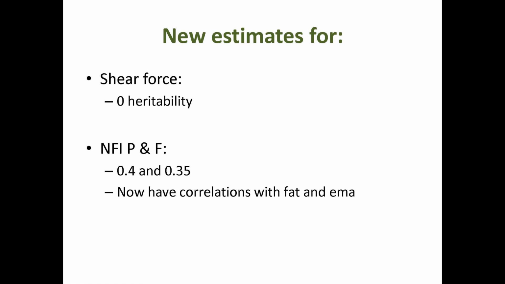More importantly, they also worked out the correlations, particularly between fatness and muscling and feed efficiency. Previously those correlations weren't included in the model, and they are now, so the EBVs for NFI are going to be more accurate than they were previously.